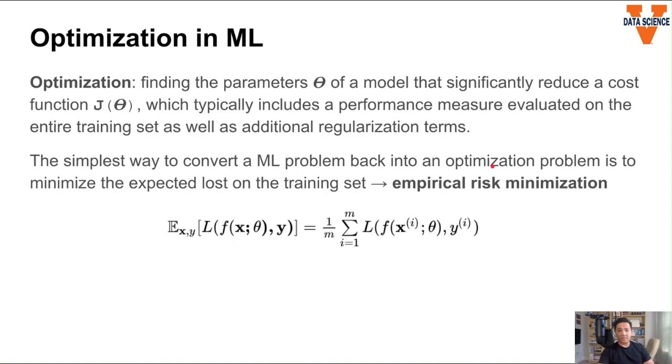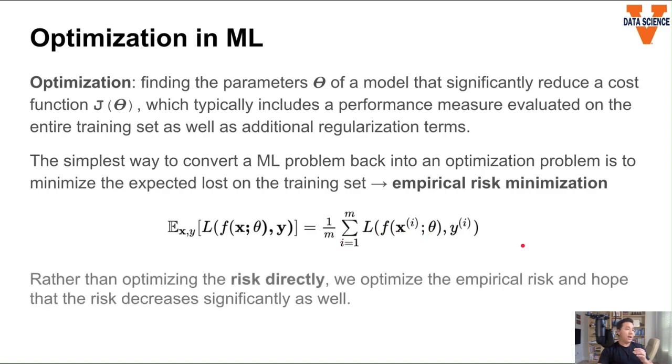The formulation for this is the expected loss over the data x and y based on some loss function. F here is the model, and we compare the output of the model and the label, which gives the loss. This is calculated as the average error between the predicted value and the label. That's simple enough.